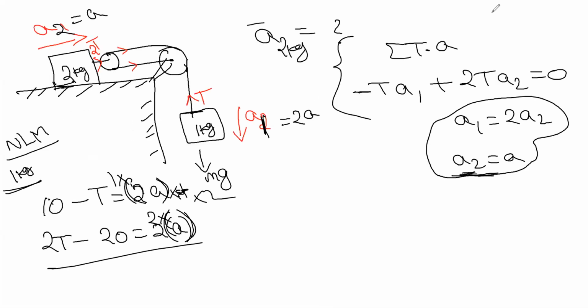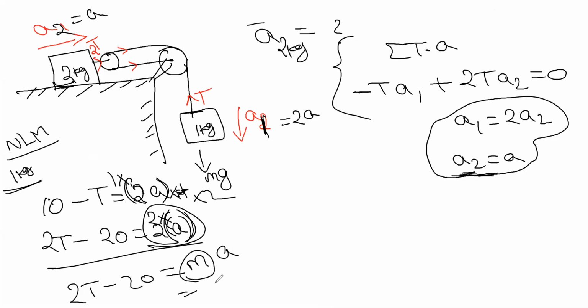For the second equation, for the 2 kg block, it'll be 2T minus 20 equals mass of the body into acceleration. Mass is 2 kg, that's why I have written 2A, and acceleration is A itself.